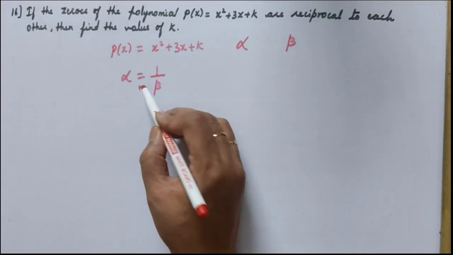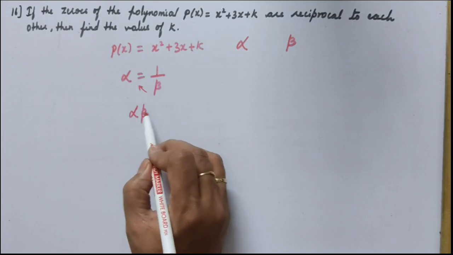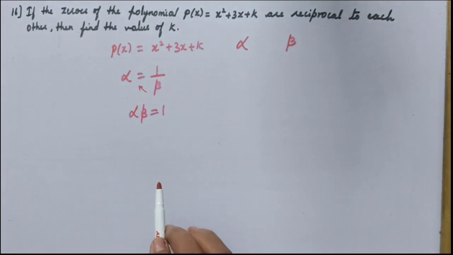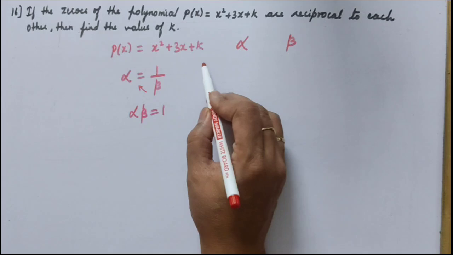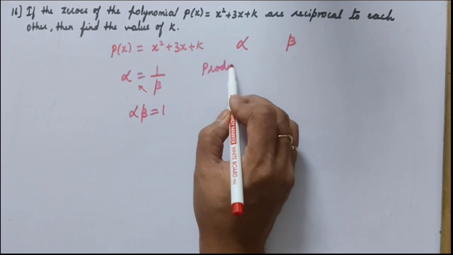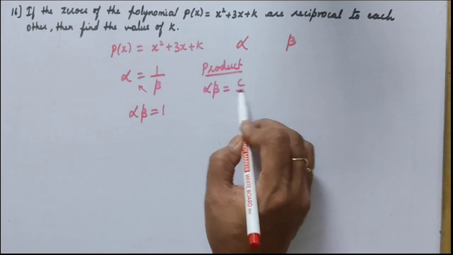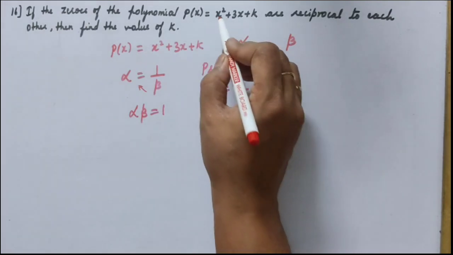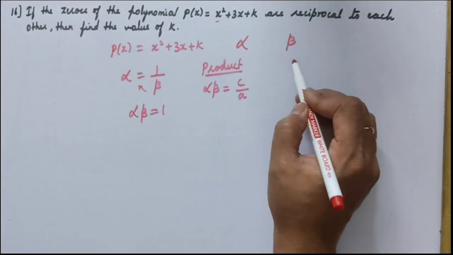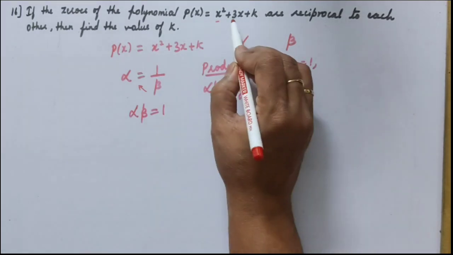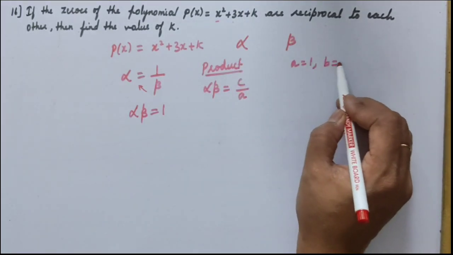If I do cross multiplication, I get alpha beta is equal to 1. But we know the product, that is alpha beta, is equal to C by A. Now here, what is the value of A? A is equal to 1. B equals 3.